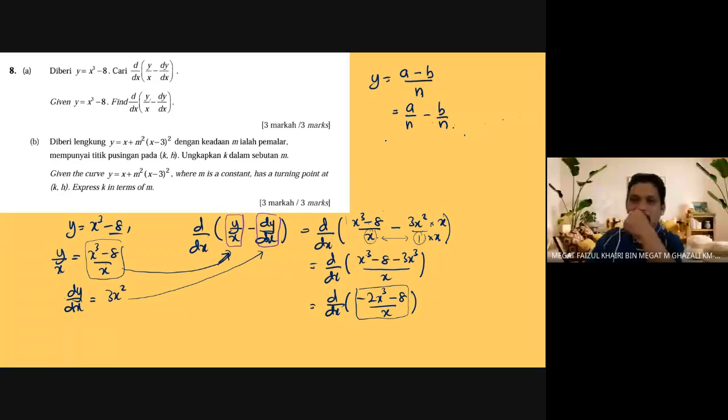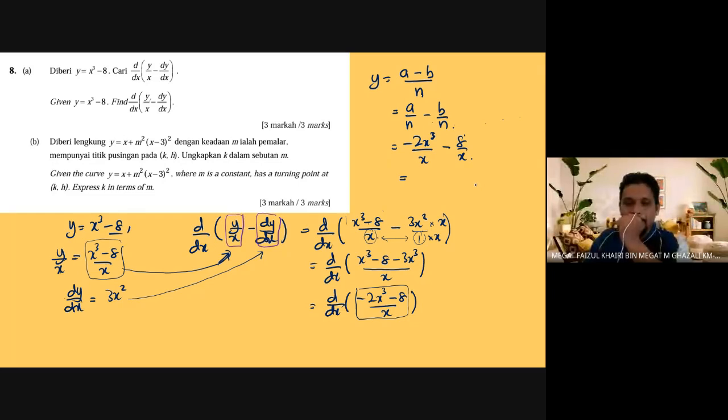So negative 2x cubed minus 8 becomes negative 2x cubed divided by x minus 8 divided by x, so that both are divided by x.